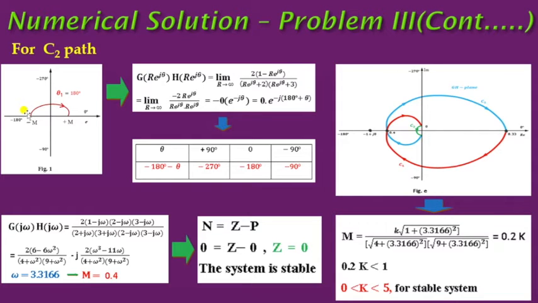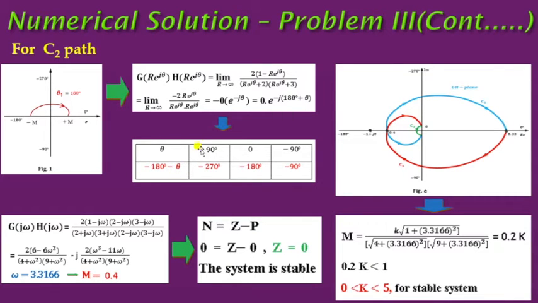That means the angle always differs by 180 degrees. So if we change the angle by 180 degrees, then the negative magnitude is transferred to a positive magnitude. Then we can write positive 0 into e to the power of this 180 degree angle summed with this theta. Then the actual angle is minus 180 minus theta.